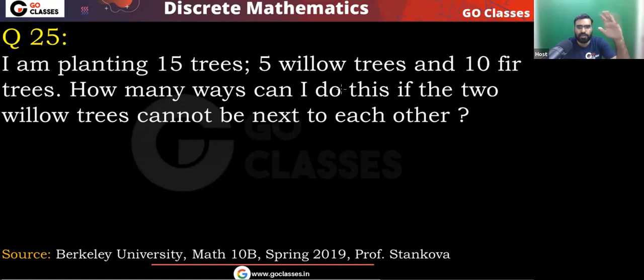Most of the time, 99% of the time, GATE questions are unambiguous. But sometimes you have to read the question maker's mind. For example, if I read this question, automatically it will come to my mind that willow trees are identical and fir trees are identical.